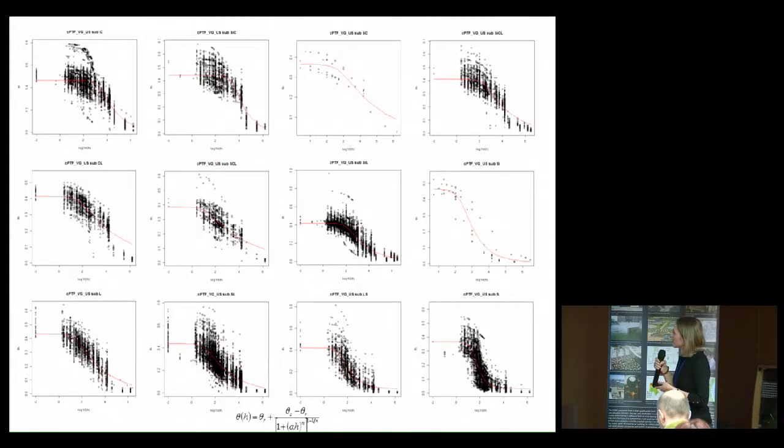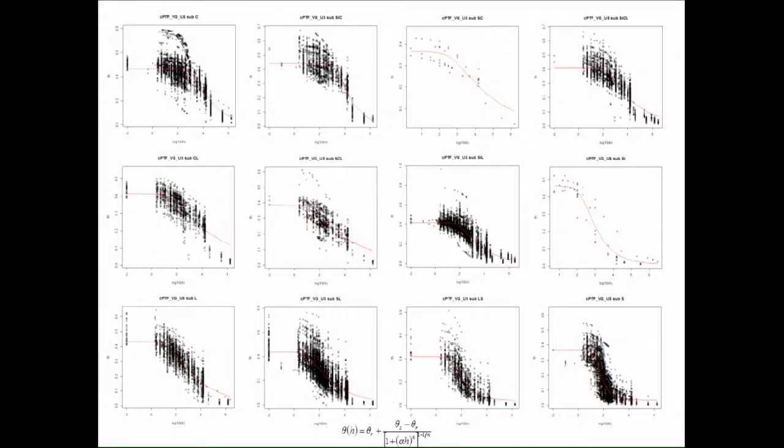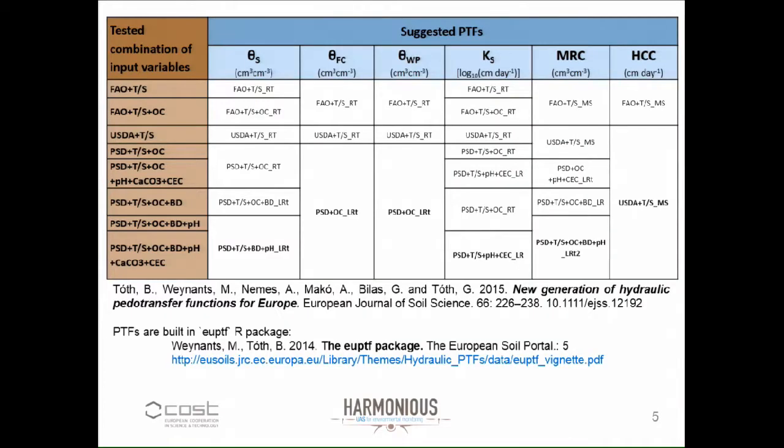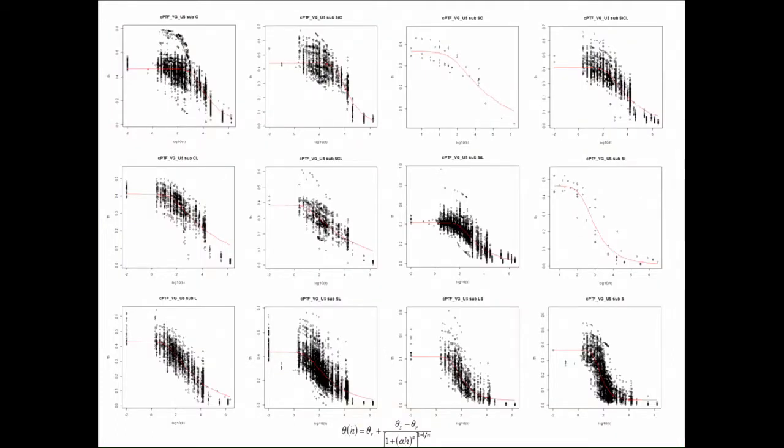Then let's see a little bit how the soil water content looks like by texture classes. It is not really visible, but it is for the subsoils, and by the USDA texture classes. So what you can see is, based on the matric potential, what the water content is.